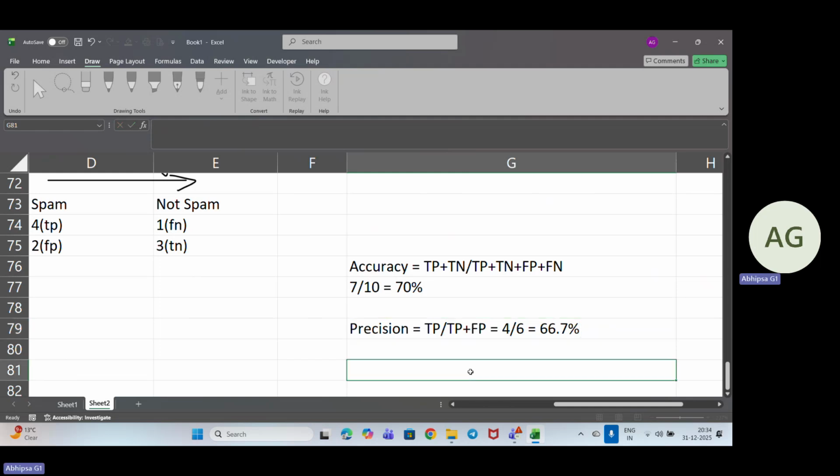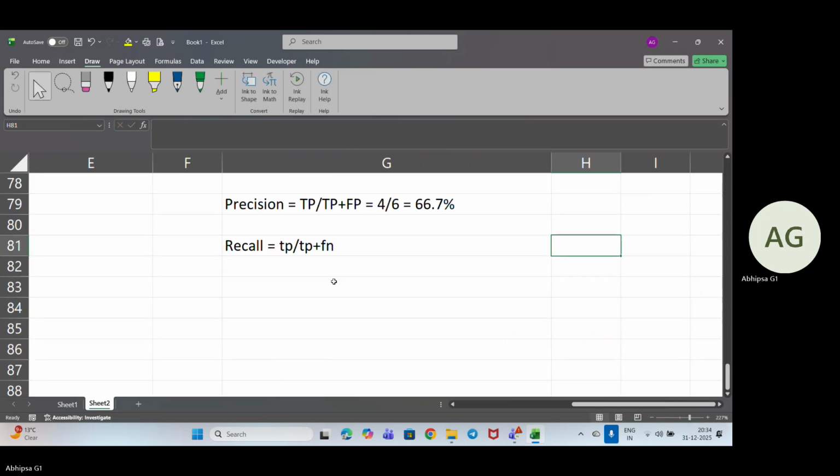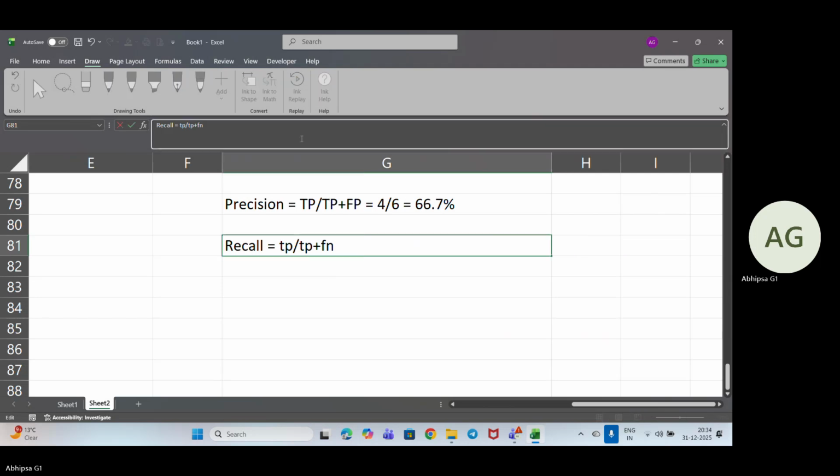Okay, now coming down to recall, that would be TP divided by TP plus FN. TP is of course 4, and it would be divided by 4 plus FN.